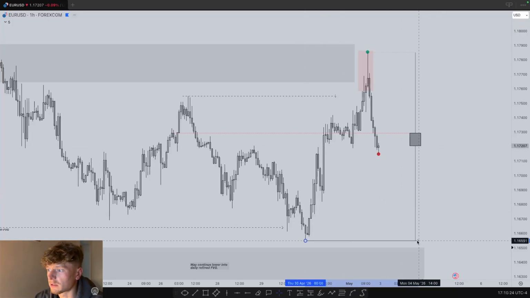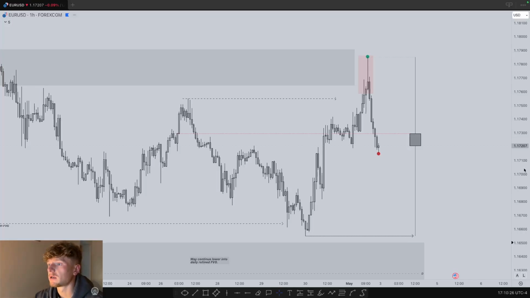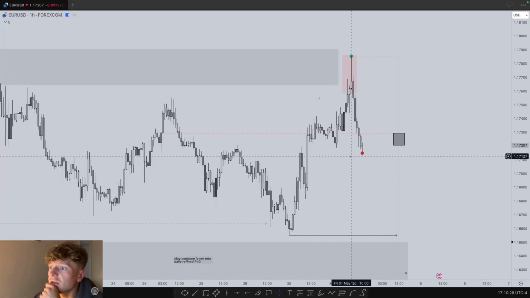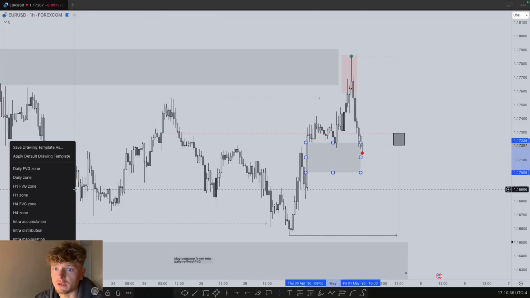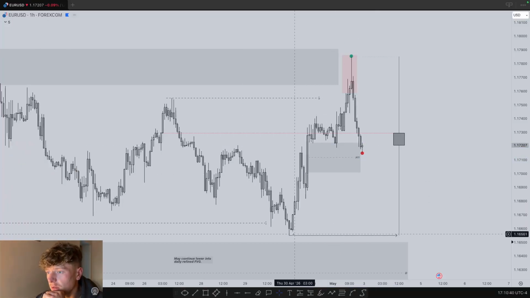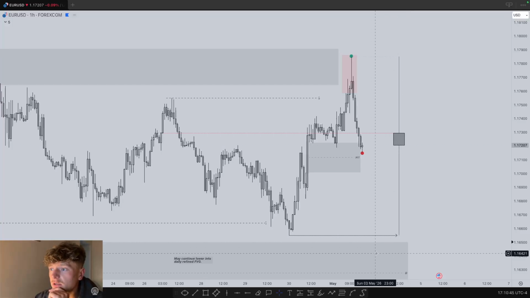Trump says one thing and it just goes crazy. So yeah, could continue higher from here. I'm not ignoring the fact that we may have seen a shift in order flow bullish and could continue higher. However, I know we have sell side here and imbalance to be rebalanced on the daily time frame.